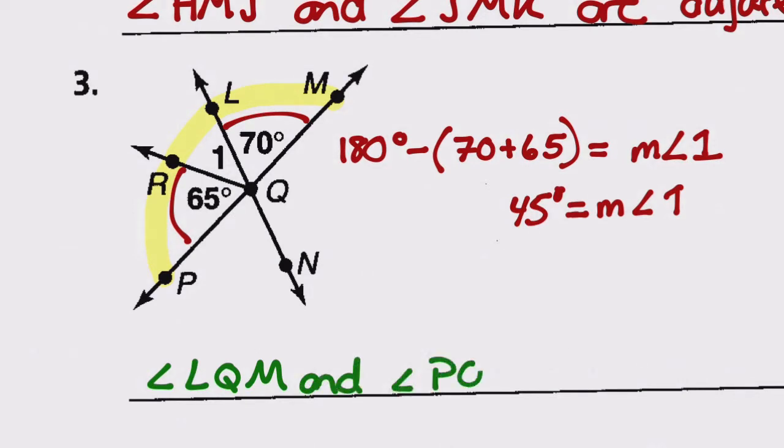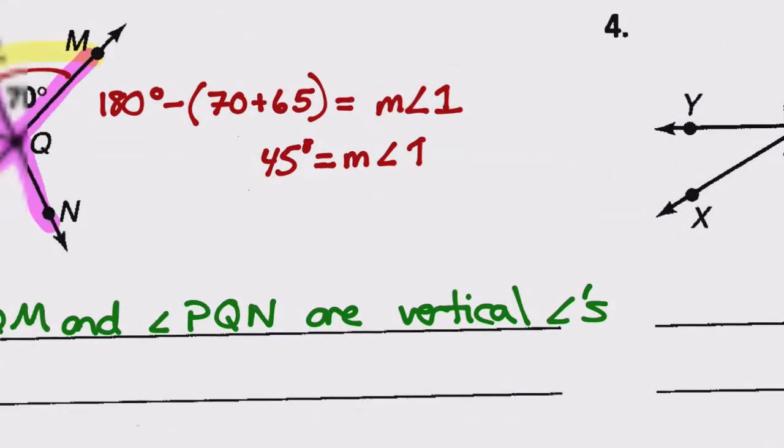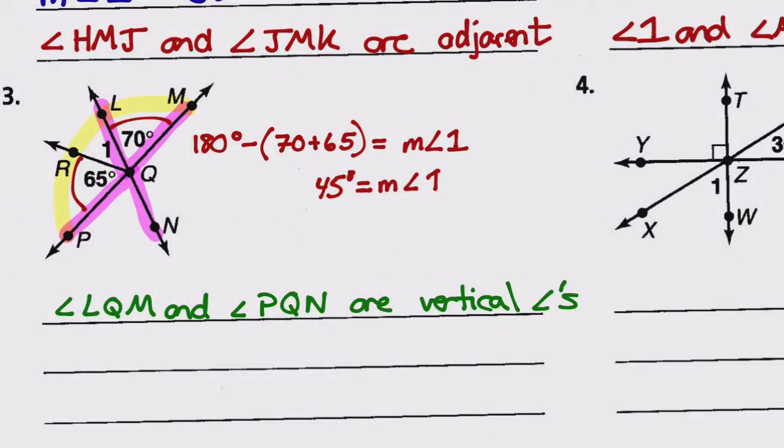And angle PQN. That's true. Let me go ahead and trace those. LQM and PQN. Yeah, those are vertical angles. Okay, so that's good.